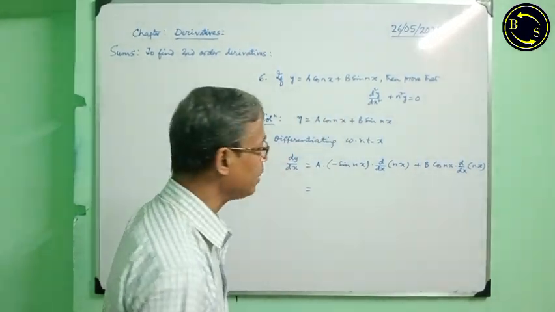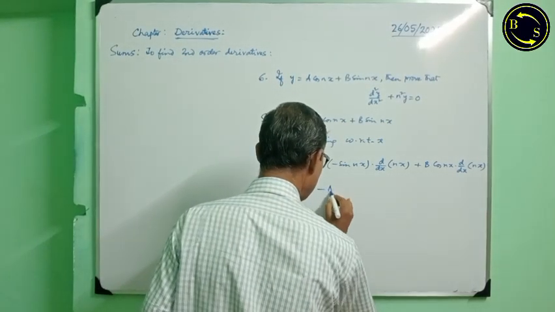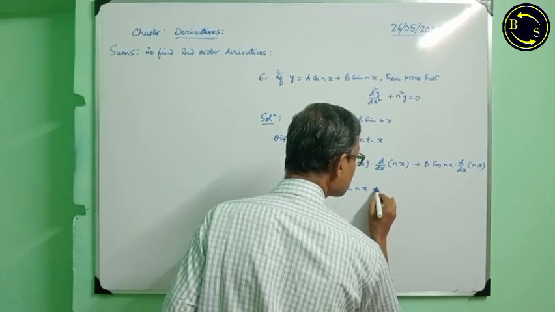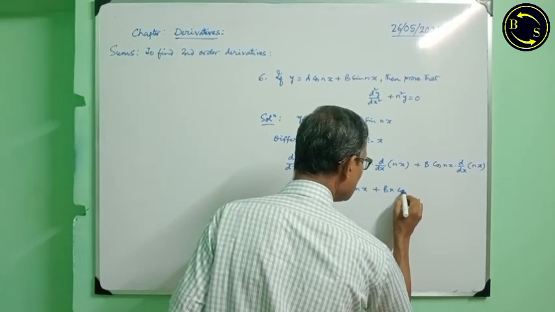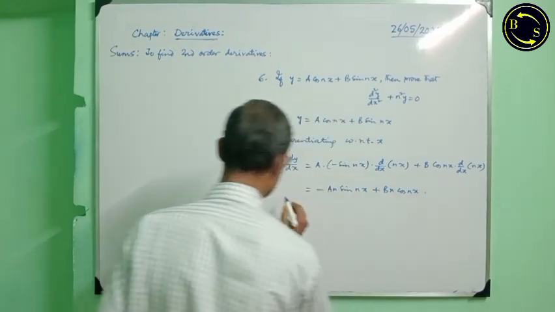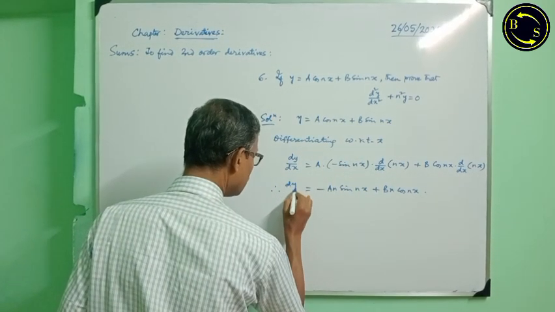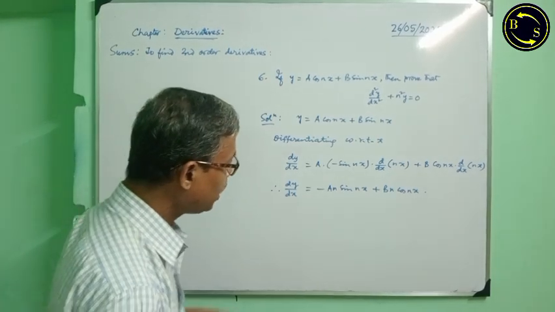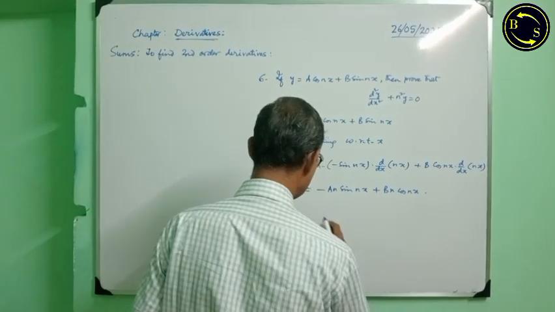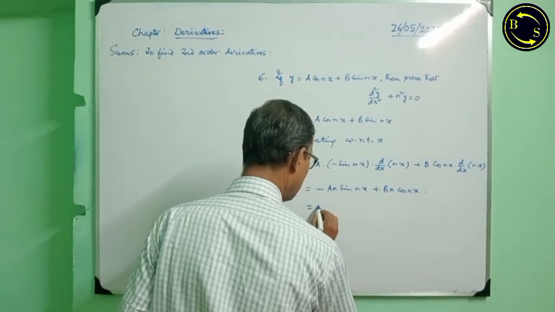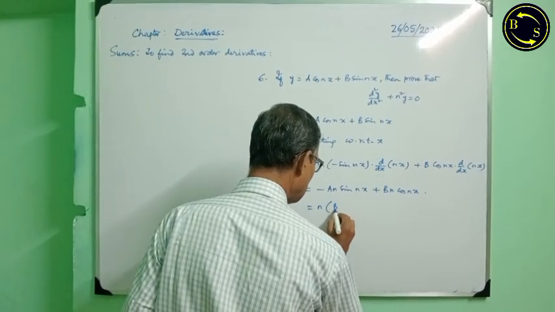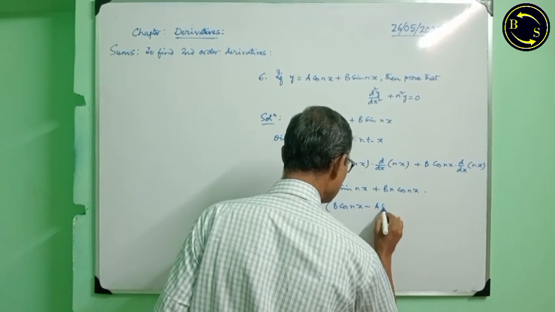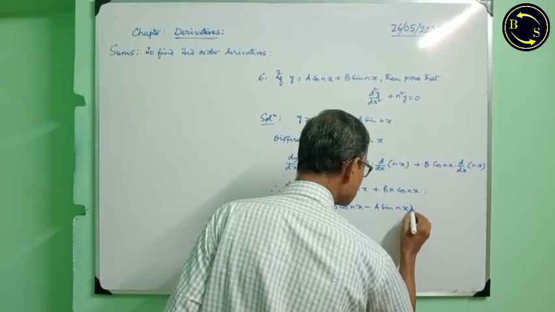The derivative of nx is n, therefore minus a n sin nx plus b n cos nx. This is the first order derivative. Now n is constant, therefore that can be taken outside: n times (b cos nx minus a sin nx).